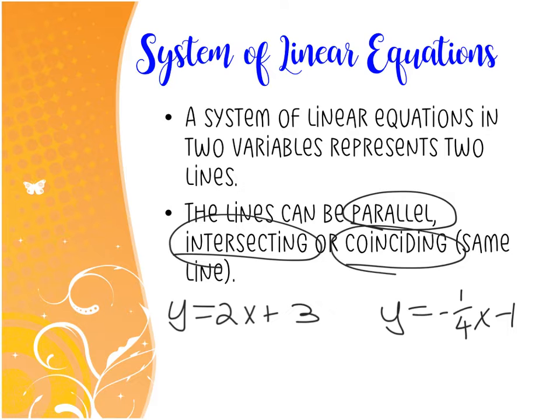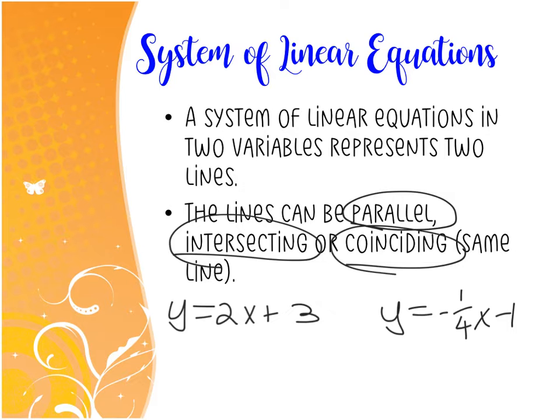So we talked about how you would figure out if two lines were parallel last week. Can you remember how? What would we know about their slopes? They'd be the same. So if the slope is the same, but the y-intercept is different, then they're parallel. If the slope is the same and the y-intercept is the same, then they're the same line, which would be coinciding.